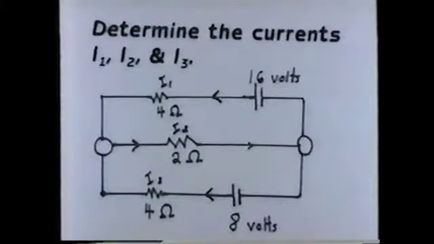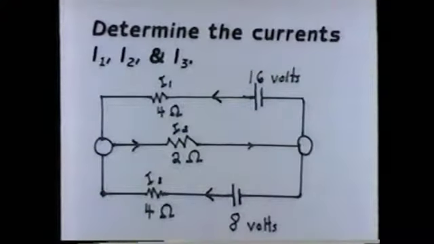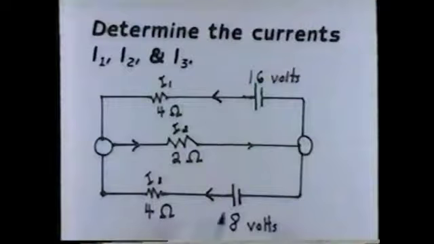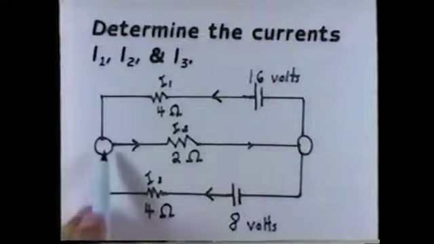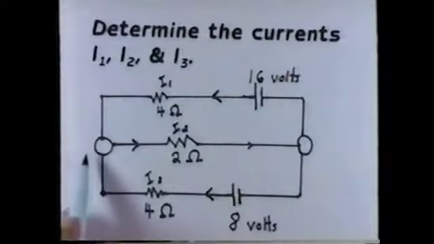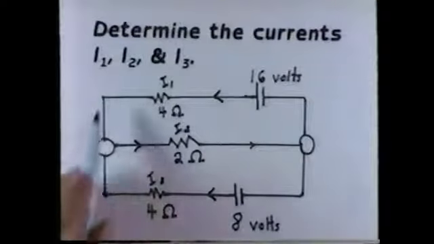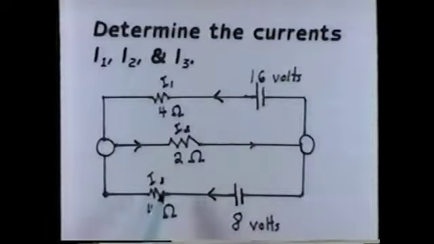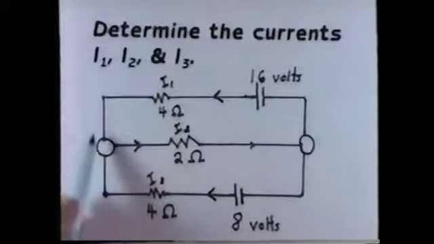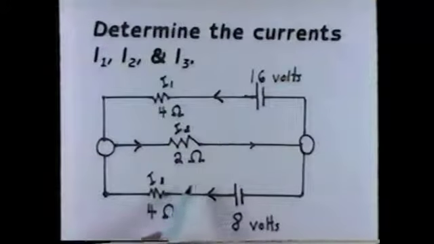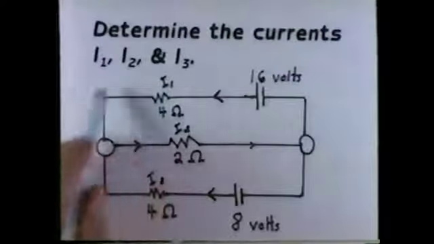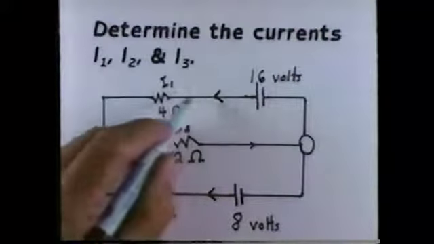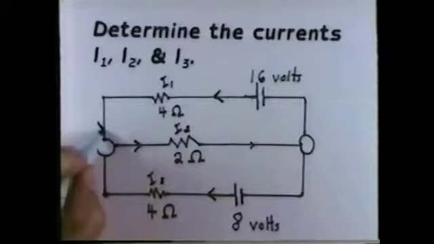Well, according to Kirchhoff's first law, we know that all of the current that flows into a junction must flow out. So if I call this current I3, and this current I1, then we know that I3 plus I1, see this is coming over, so it flows in.